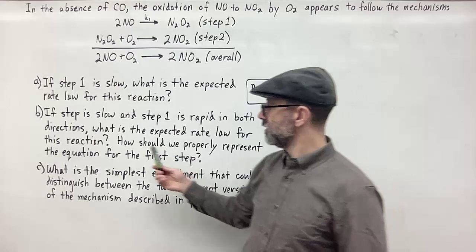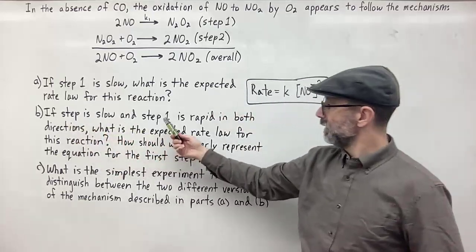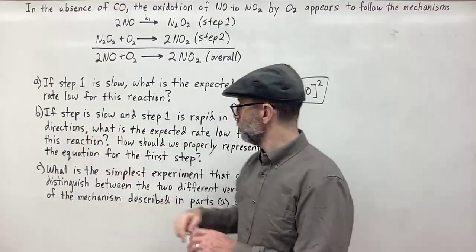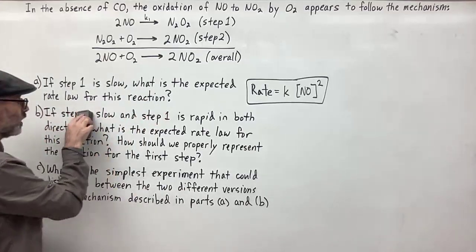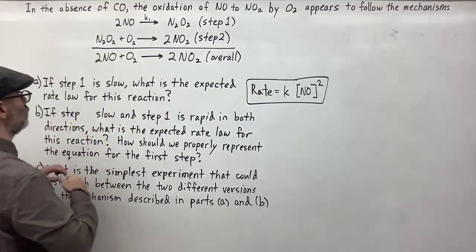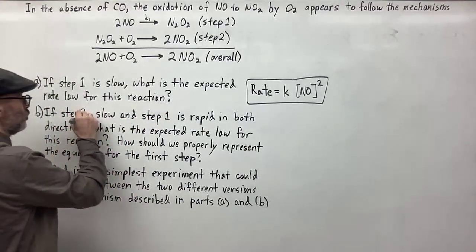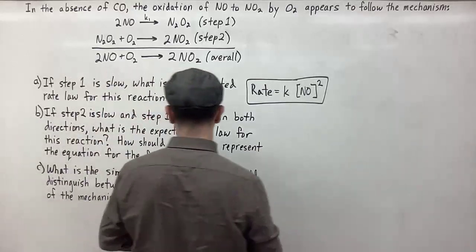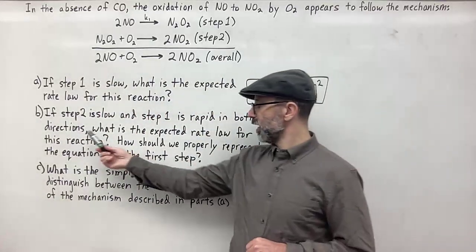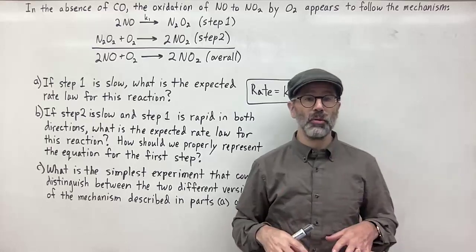Okay, what about B? It says if step two is the slow step and step one is rapid in both directions, meaning that it's at equilibrium, right?